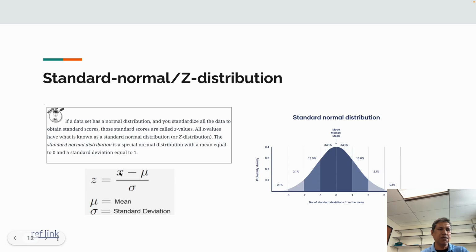If that x follows a Gaussian distribution, and you subtract its mean and divide by the standard deviation, then we are transforming our normal distribution to another distribution which we call standard normal or Z distribution. The properties are that the mean of your transformed data will move to 0, and the standard deviation of the distribution will be 1. So we call this the standard normal or Z distribution.